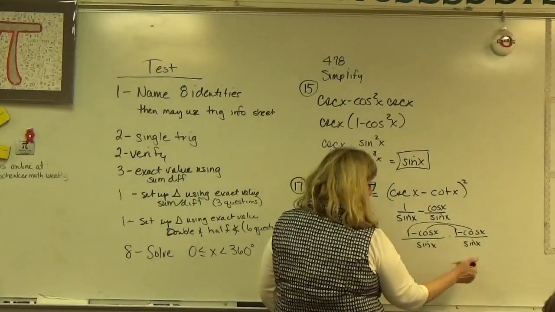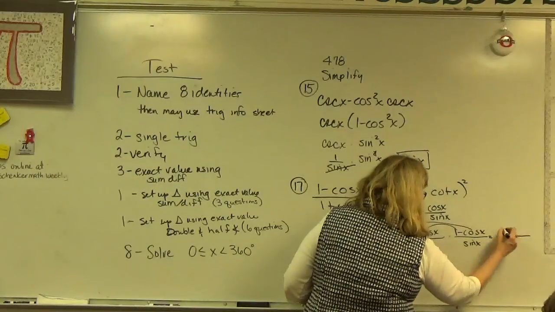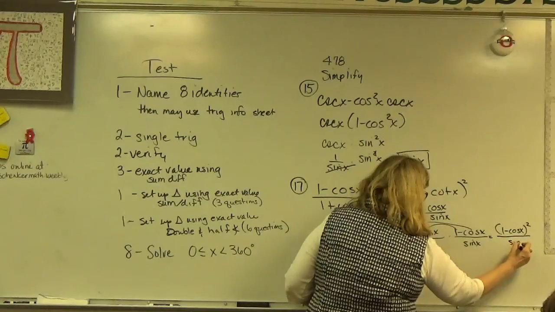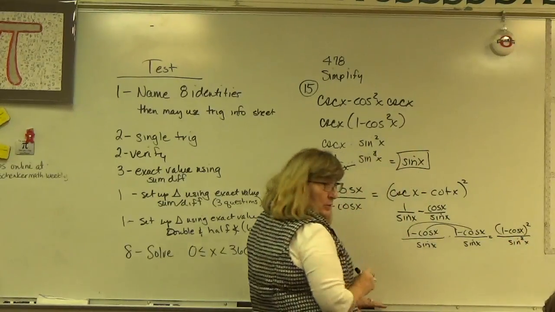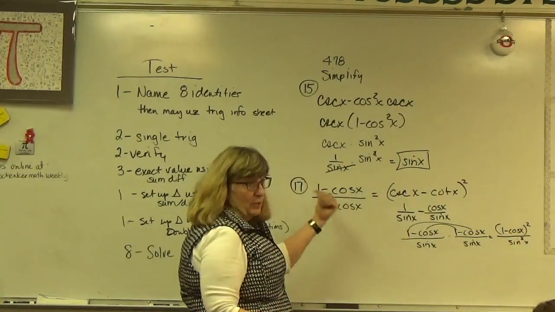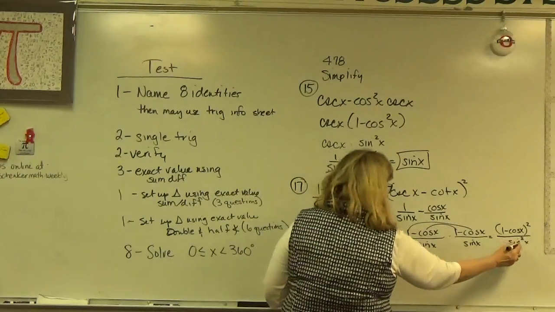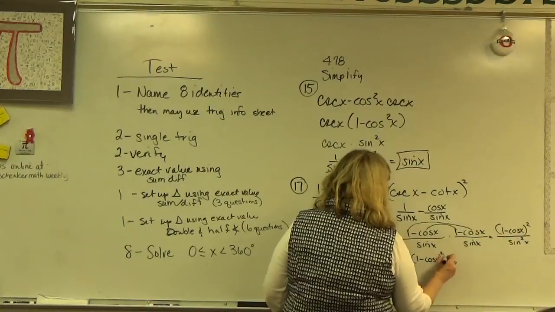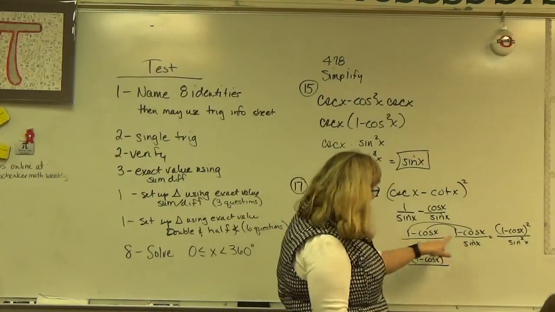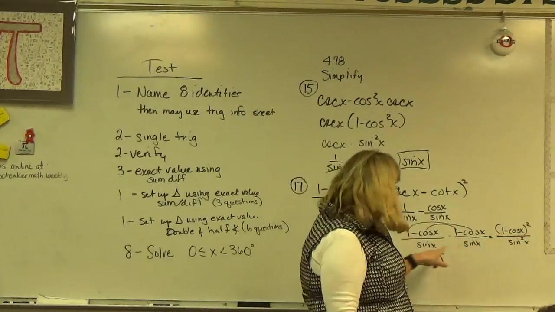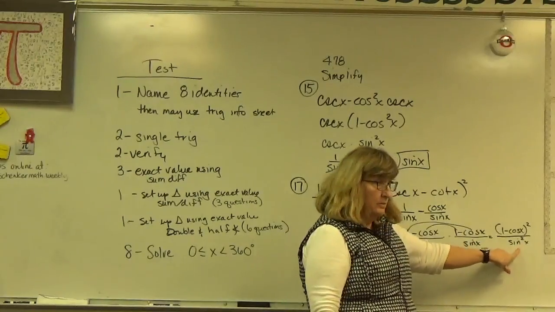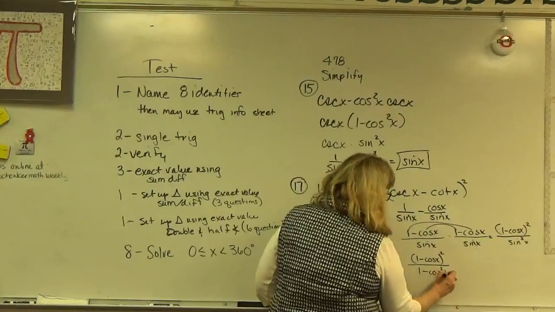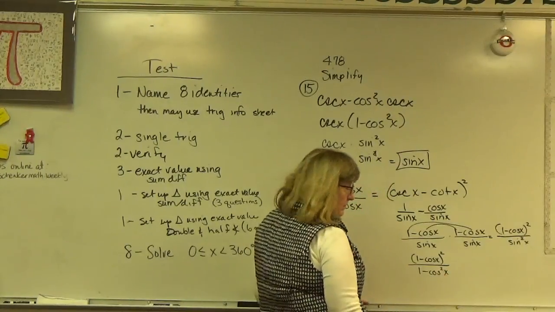Because this is sine squared. What's sine squared changed to? You see what I'm thinking? I looked over here to see what I wanted. Sine squared changes to 1 minus cosine squared, it's one of your 8 identities.